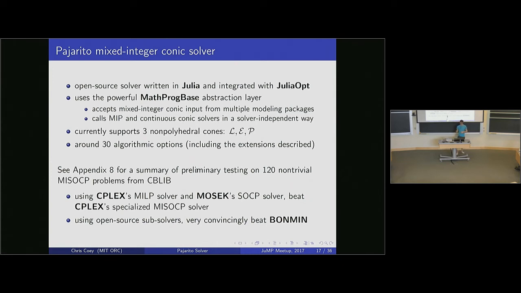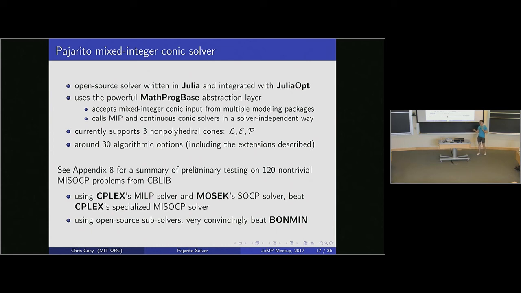Okay. So I won't go through the computational results, but if you want to see them, we can talk later. They're in an appendix to these slides. What we found is that if we use Pajarito with CPLEX's MILP solver and MOSEK's SOCP solver, then we can beat CPLEX's specialized MISOCP solver. This is all using default, like Pajarito's defaults and CPLEX's defaults.